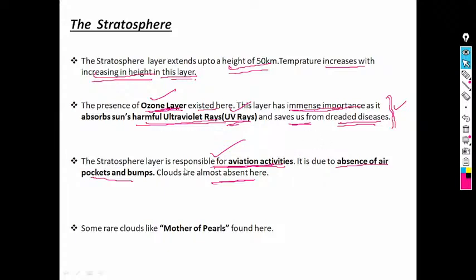That is why the stratosphere layer is responsible for aviation activities, due to the absence of air pockets and bumps.